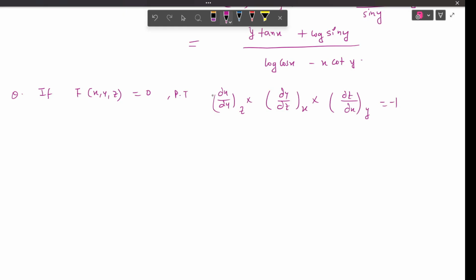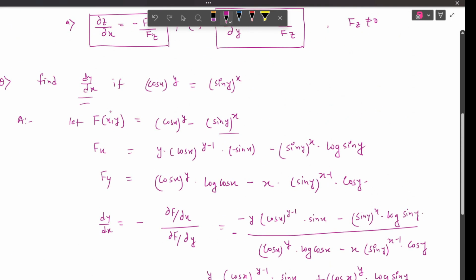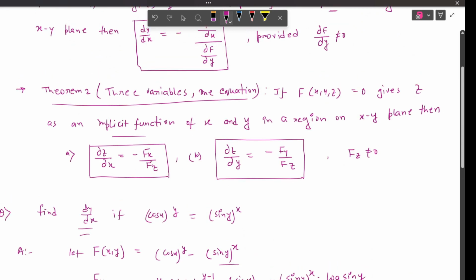You have to prove this. Now from theorem 2 we know that delta z upon delta x is minus fx by fz, and delta z by delta y is minus f of y by fz.